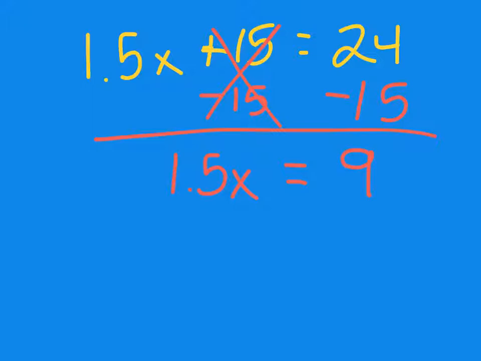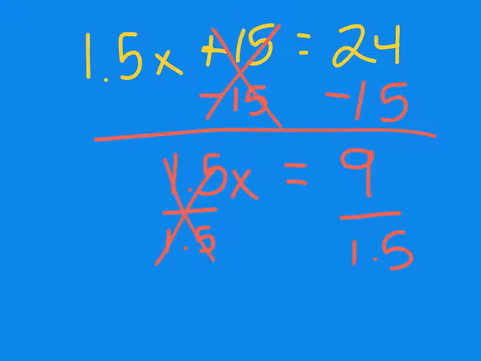I'm still not finished because I don't have my variable, x, isolated. It's still being multiplied to the 1.5. So in order to undo that, I have to use the inverse operation. Since this is 1.5 multiplied by x, I need to divide by 1.5. I'm going to divide both sides by 1.5.